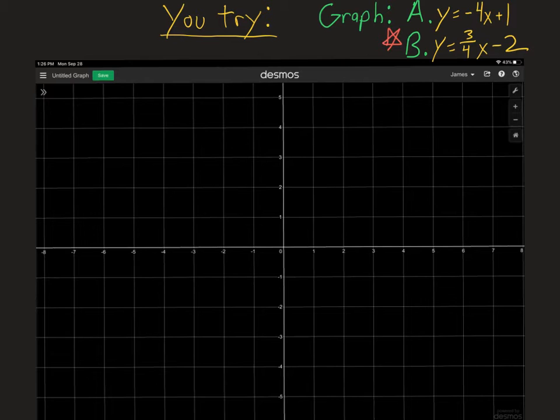All right, we're back. Let's graph A with our yellow. So I'm going to start with my y-intercept plus 1. So I'm going to go on the y-axis to plus 1. And now I'll do the second piece, which is my slope, -4. And hopefully after you guys just saw me, you know that a whole number of -4 just means -4 over 1.